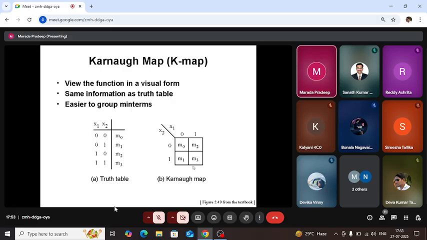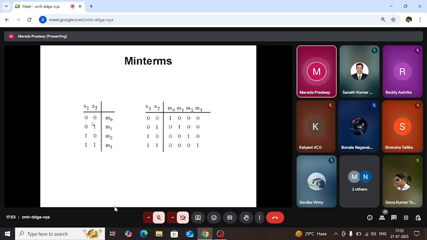Right side is the K-map representation. Here, 0 0 means m naught is high. Next 0 1 means m1 minterm is high. 1 0 means m2 is high. Next 1 1 means minterm 3 is high.